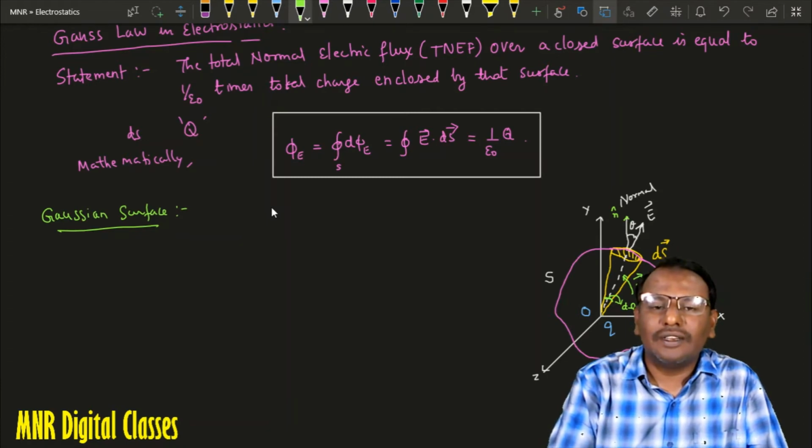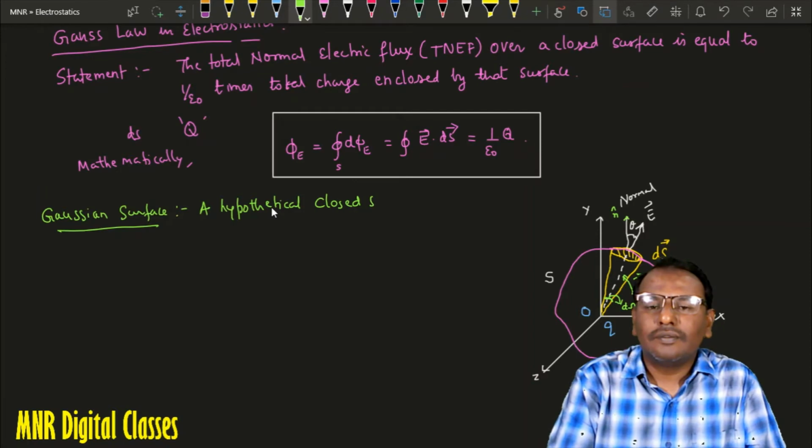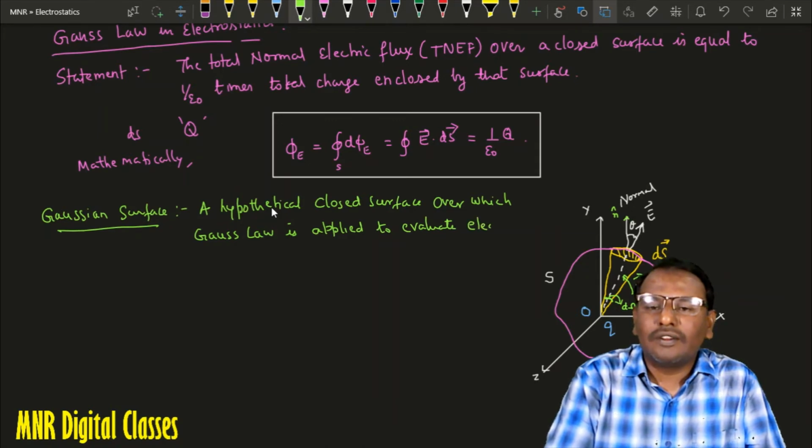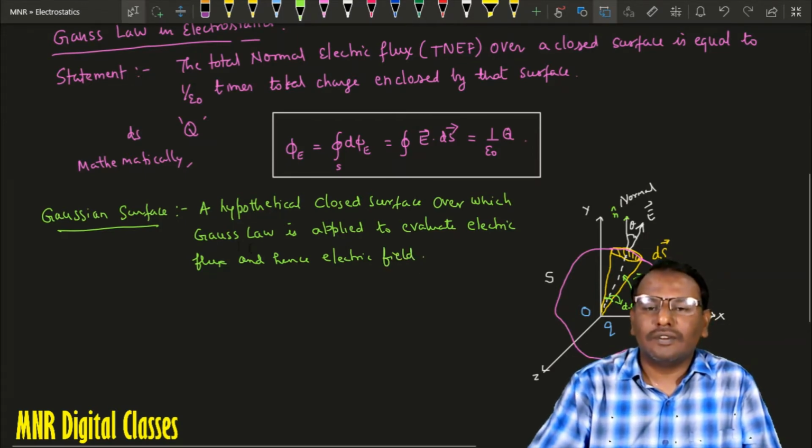as Gaussian surface. It is a hypothetical closed surface over which Gauss law is applied to evaluate the electric flux and hence electric field, is called as Gaussian surface.